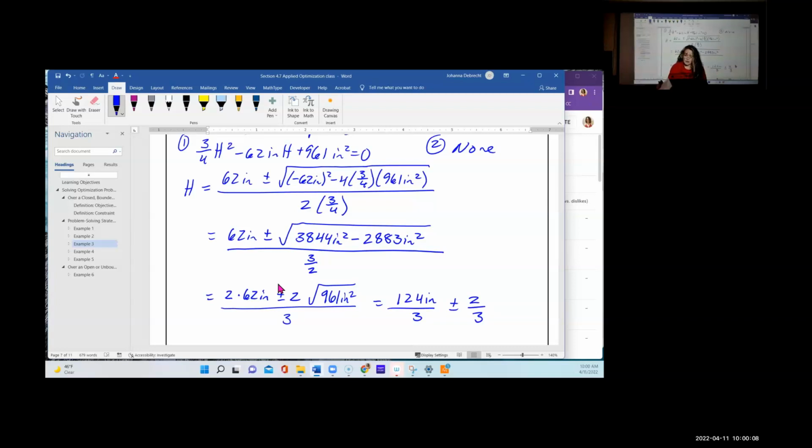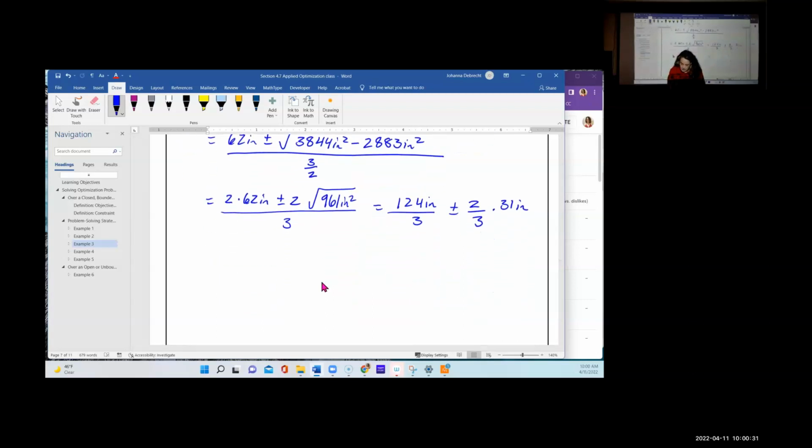And I'm not 100% sure if that has a square root. Let's see. Oh, the square root of 961 is 31. I think I did know that. Times 31 inches.